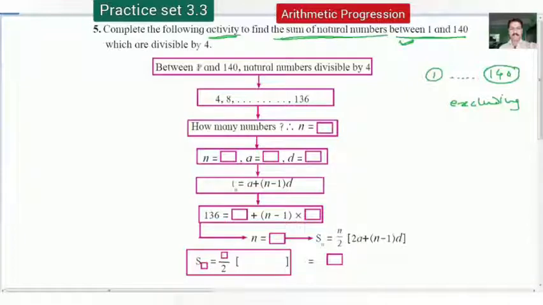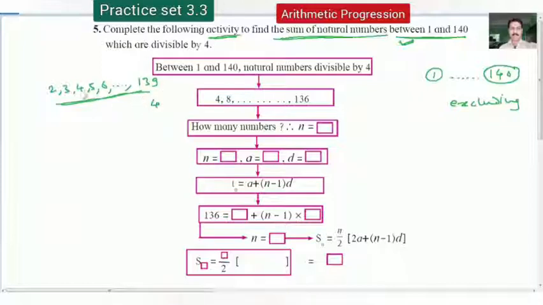Okay friends. Now natural numbers between 1 and 140 divisible by 4 means what? Actually first of all we have to take from where? See here. 2, 3, 4, 5, 6 dot dot dot 139. From this set of numbers we have to choose the numbers which are divisible by 4.